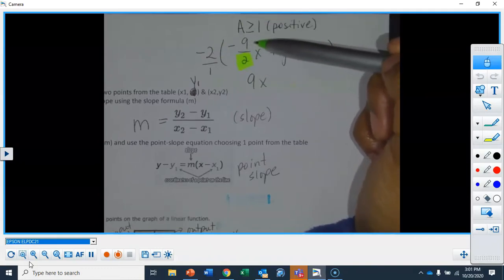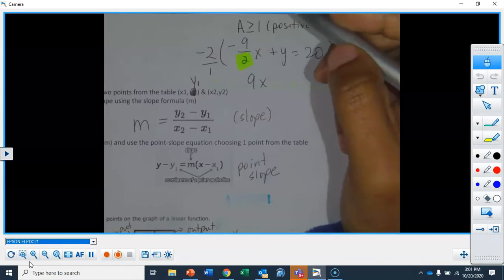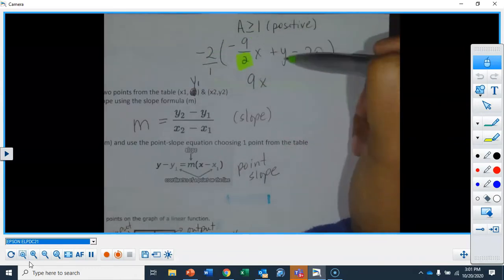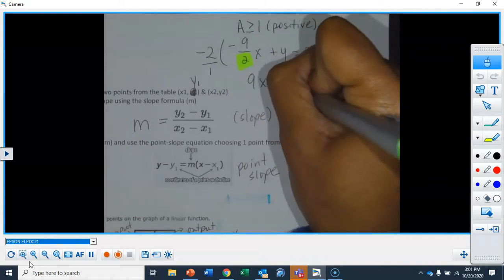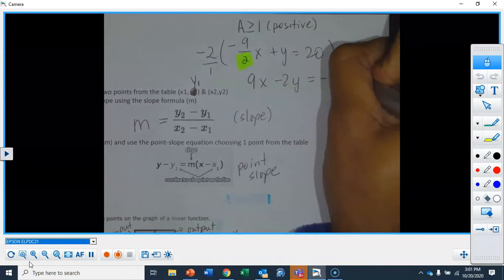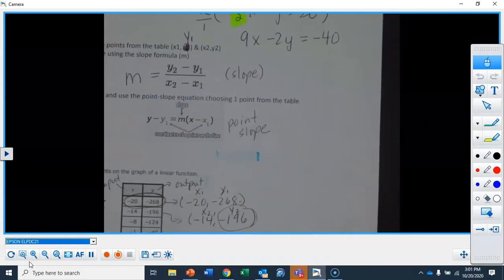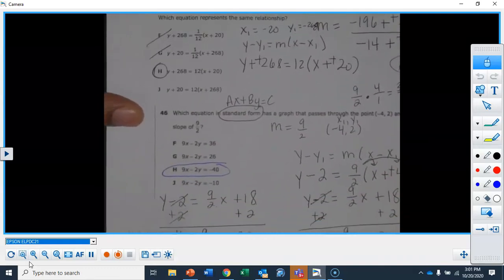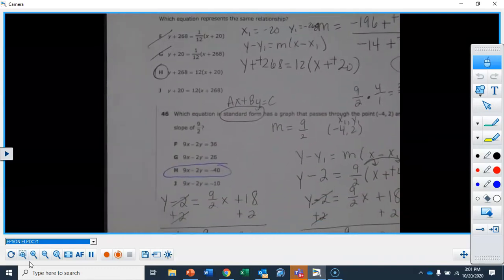I'm just saying, you leave this number alone. So again, this was positive 18 over 2, which was 9x. Negative 2 times y is negative 2y. And then negative 2 times 20. Make sure you multiply it everywhere. Okay? Negative 40. Okay? So that's why the answer to this one was H. All right, so I hope everybody's good on that one.